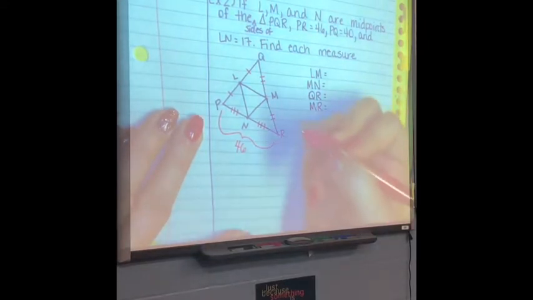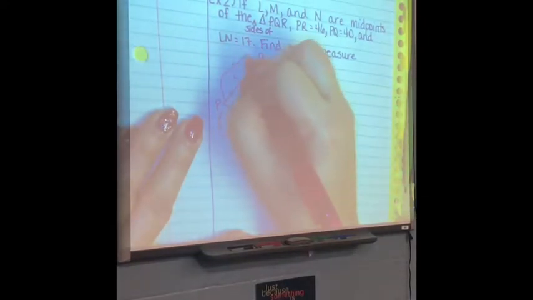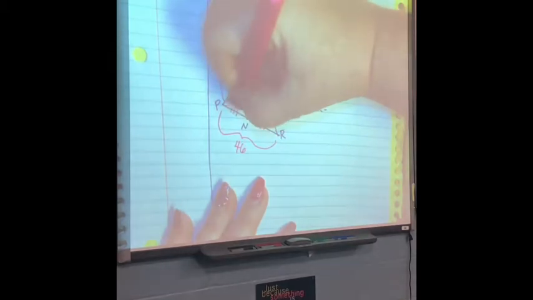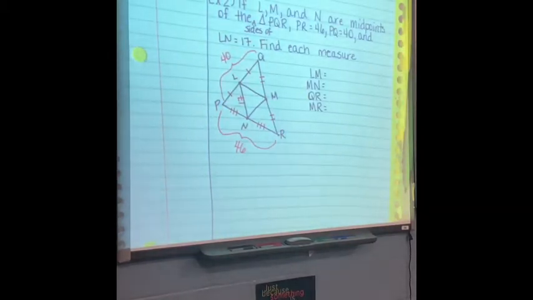And they tell me that PQ, this whole piece over here, is 40. And they tell me that LN is 17. I think I've got everything labeled that I might possibly need.